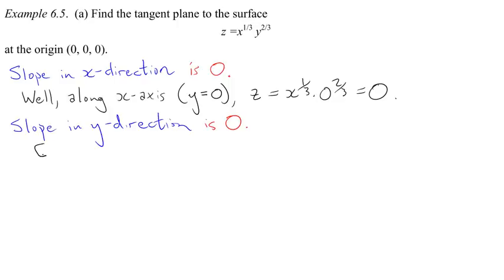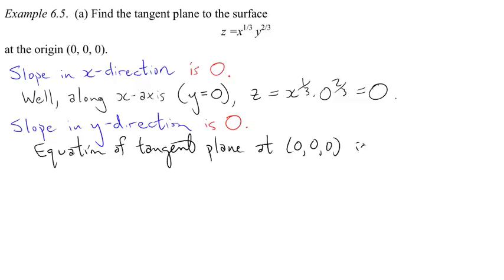So the equation of the tangent plane is really simple then. Tangent plane at the origin 0, 0, 0: it's just z equals 0. It's that simple. So there's the tangent plane using the definition that the tangent plane has the same slope as the surface in the x and y directions.